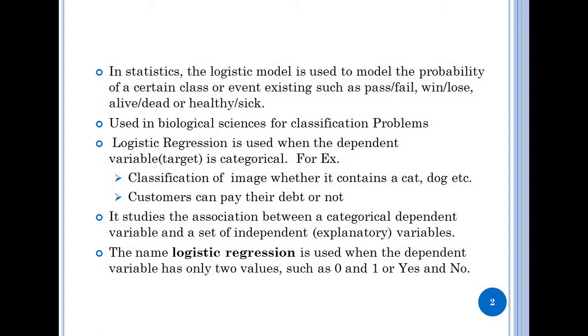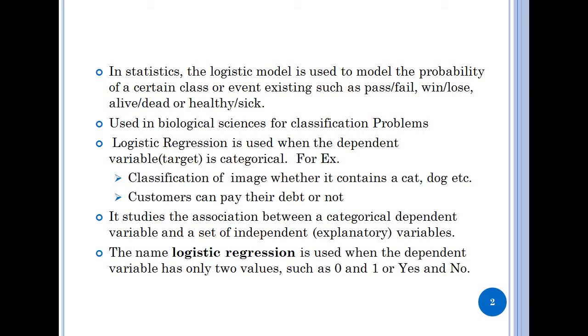It is used when the dependent variable or the target variable is going to be categorical. Categorical means after classification, just like classification of an image, whether it contains a dog or a cat, or whether a customer can repay their debt or not.